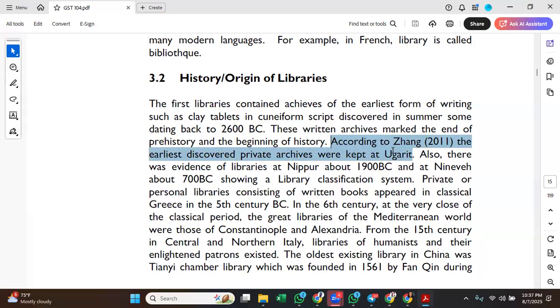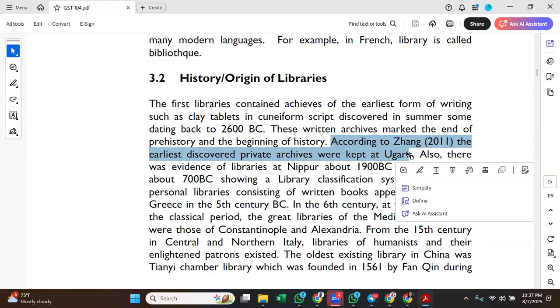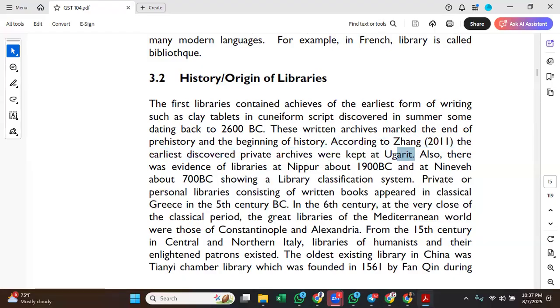See, this statement is very important. Please digest it. We are just talking of the history of the library now, so you should try to learn some of the history by heart. The name and the year are very important: Dash 2011. The earliest discovered private archives were kept in Ugarit. That is the name of the place.